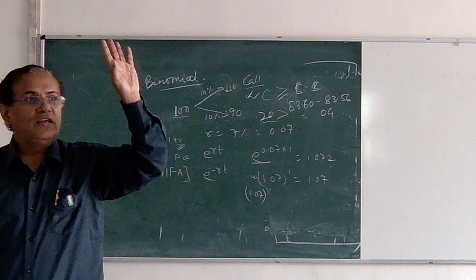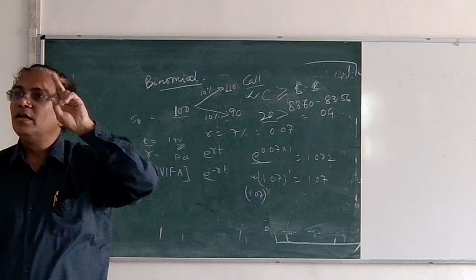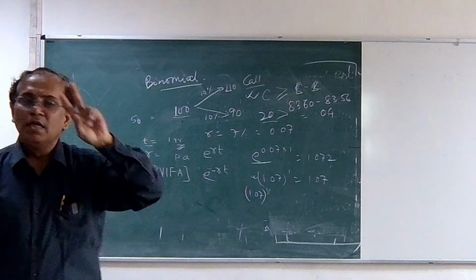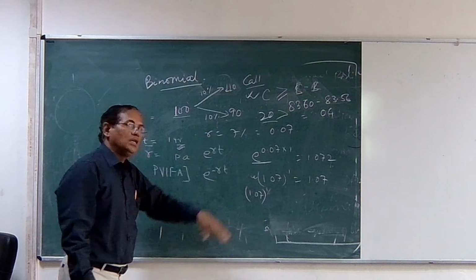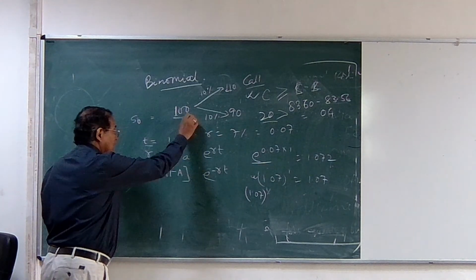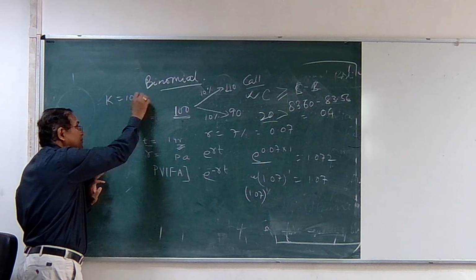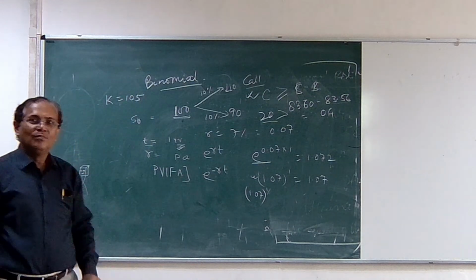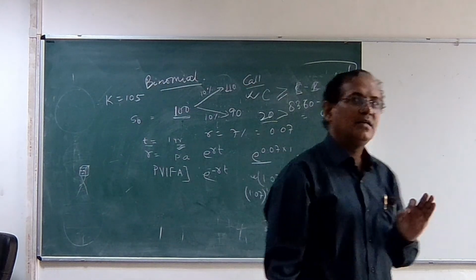In real life, any number of values could take place, but here we are considering only two values. So how is it going to be considered? What are the calculations? Suppose K is 105, meaning the strike price is 105.